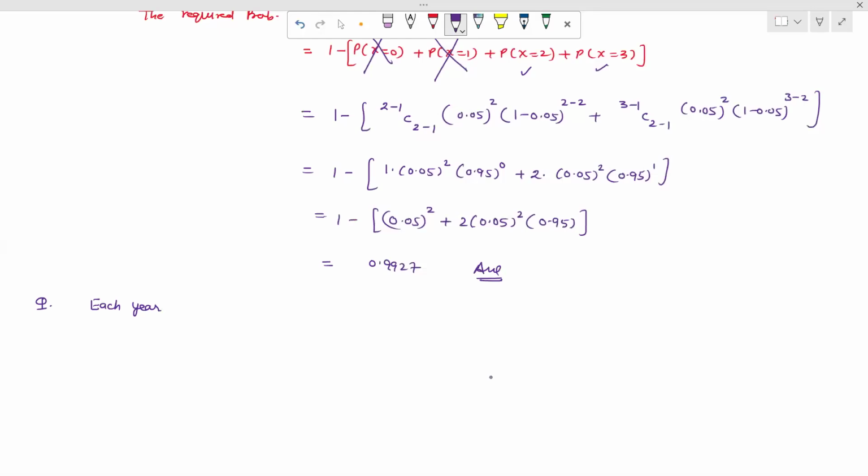Each year, Rohan has a 10% chance of winning the trophy.